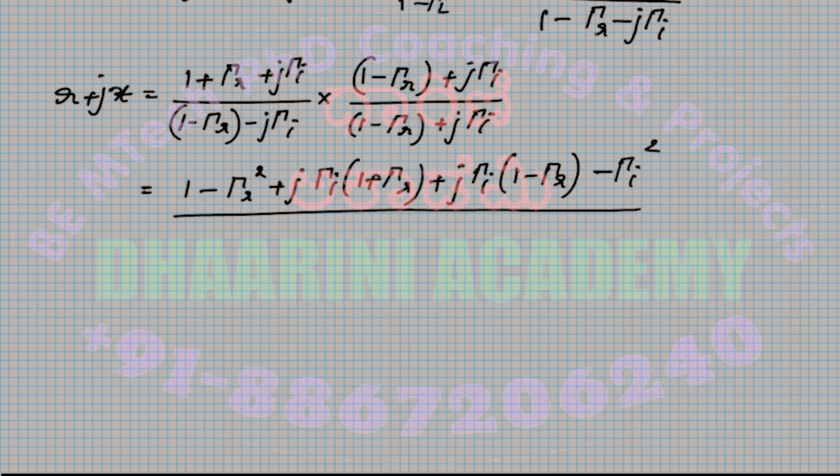The denominator is (1 minus gamma R) whole square, plus gamma I square, since a square minus j square is minus 1, so that is a plus.